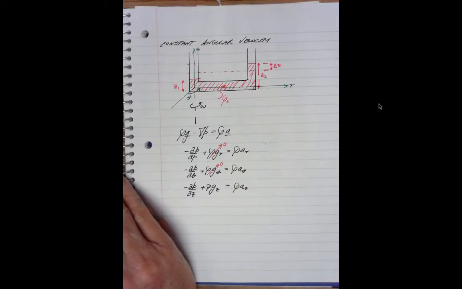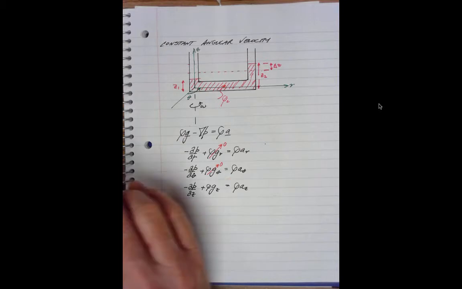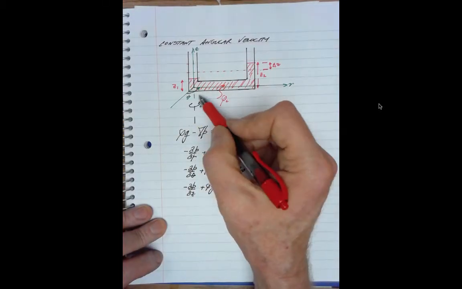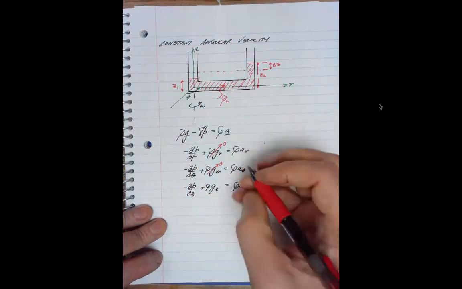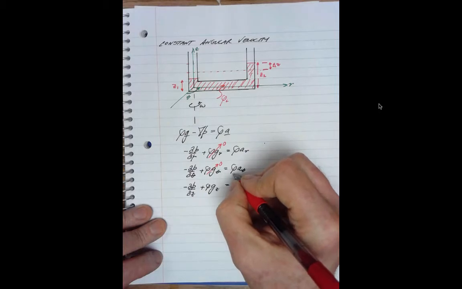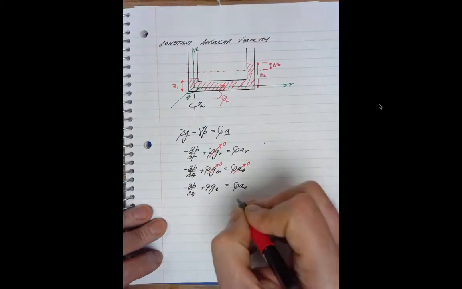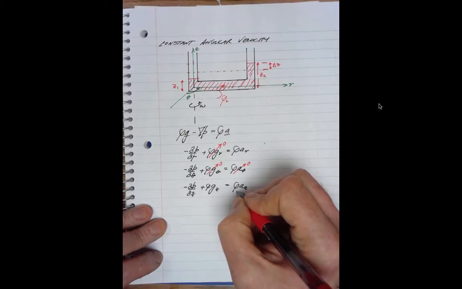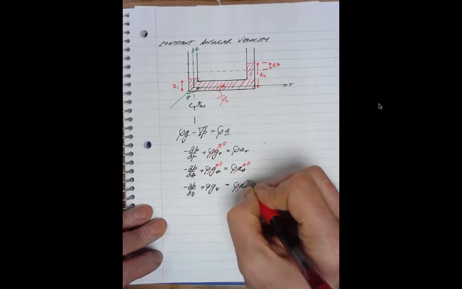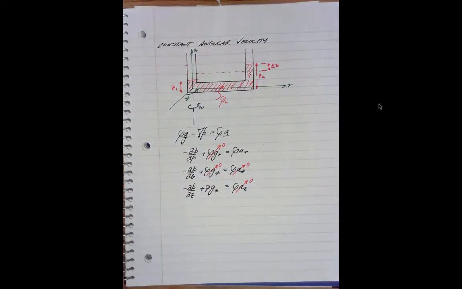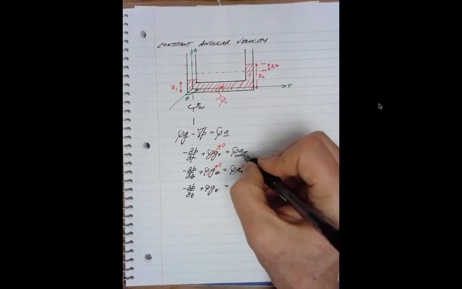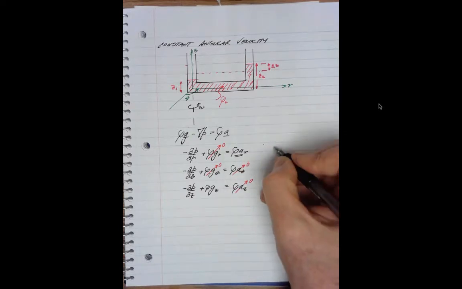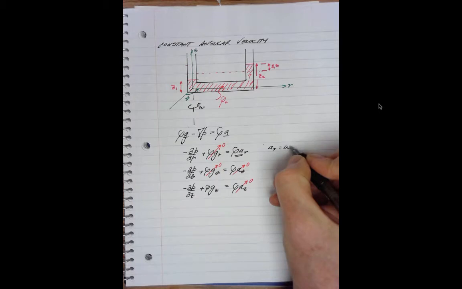Okay, as for acceleration, there is no acceleration in the theta direction because it's constant speed. So that term is 0. And there's no acceleration on the z-axis. That term is 0. We do have to recall from kinematics that the radial acceleration for constant angular velocity, a sub r, is equal to omega squared r.